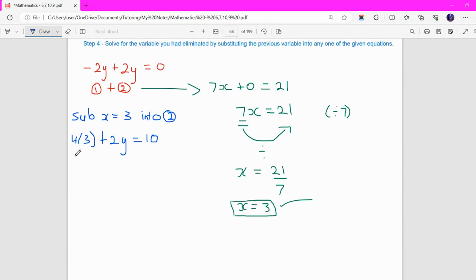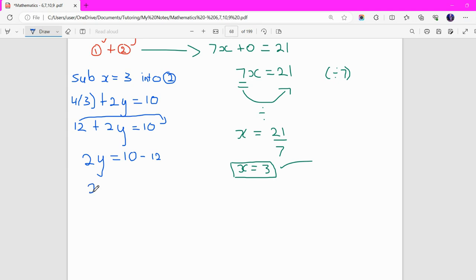So 4 by 3 is 12 plus 2y is equal to 10. So 2y is equal to 10 subtract 12. I carry across this positive 12 to the right hand side and it becomes negative 12.